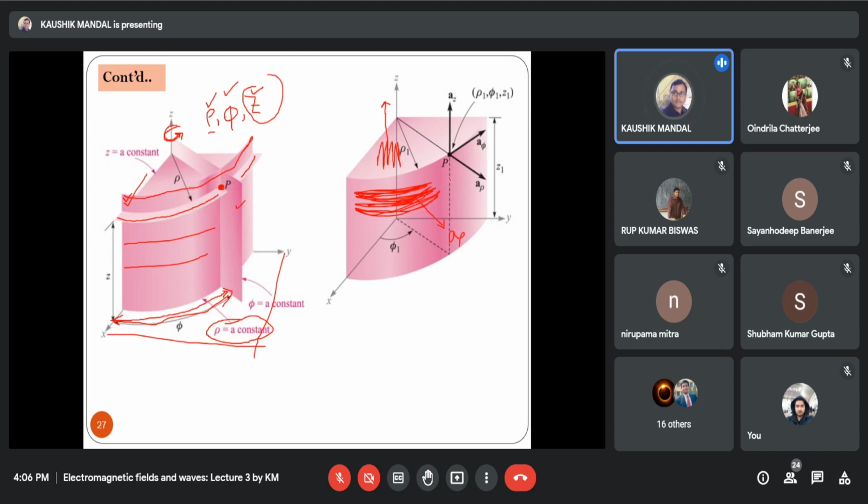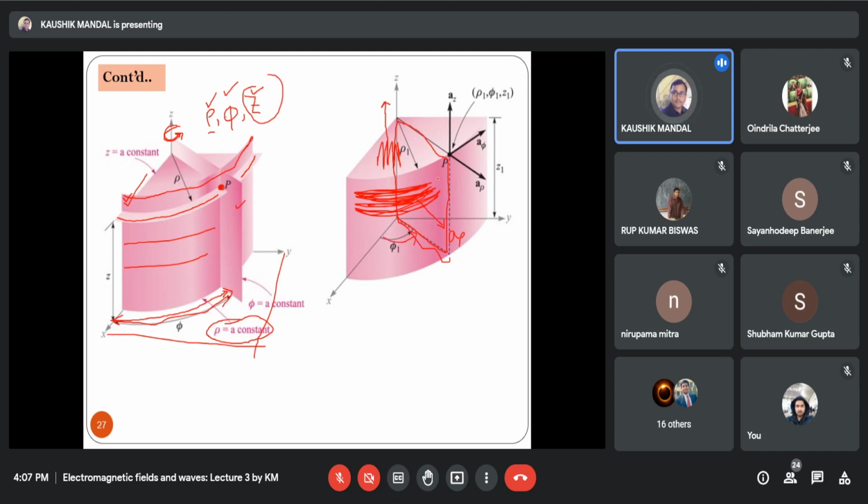Next plane is the plane perpendicular to the XY plane. This is the imaginary plane that can rotate about the z-axis, and it makes an angle of phi.